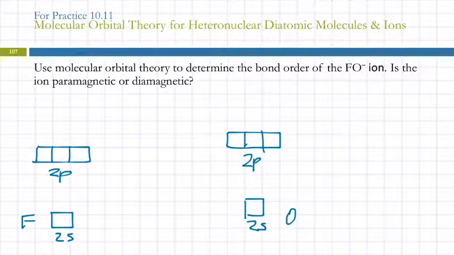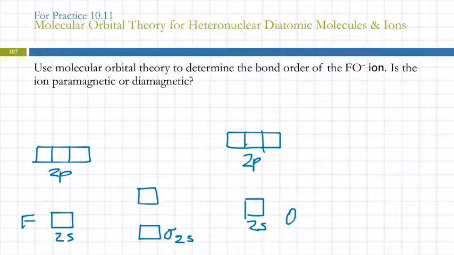And then when we combine these, we've got 2 elements that do the typical arrangement. We don't have boron, carbon, or nitrogen, so we don't have to worry about that. So from these 2s orbitals, we're going to get a sigma 2s bonding orbital and a sigma star 2s.